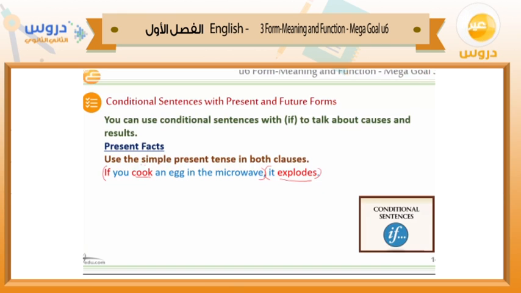Both of them are simple present. So you can use the simple present tense in both clauses, the if clause and the result clause. Another example: if you put water in the freezer, it becomes ice. Both of them are in the simple present.